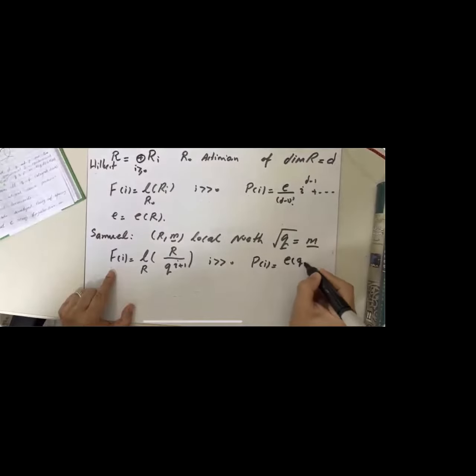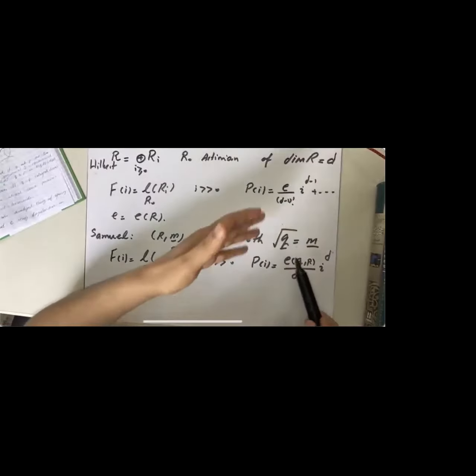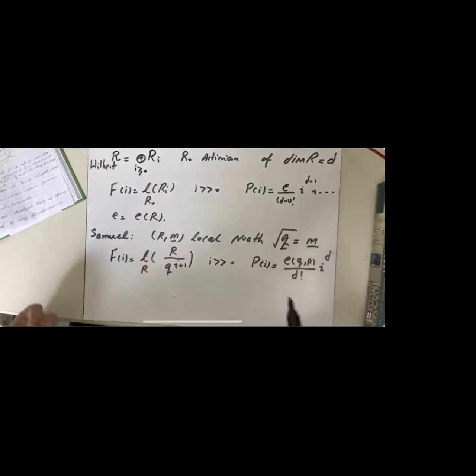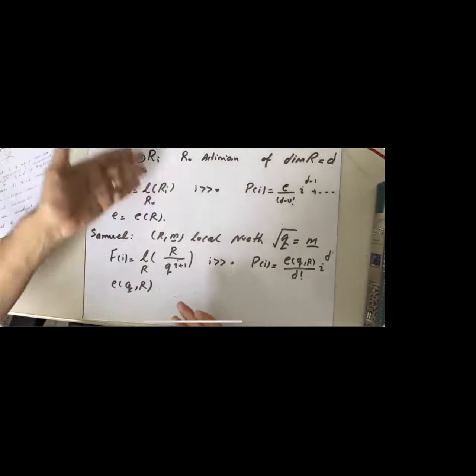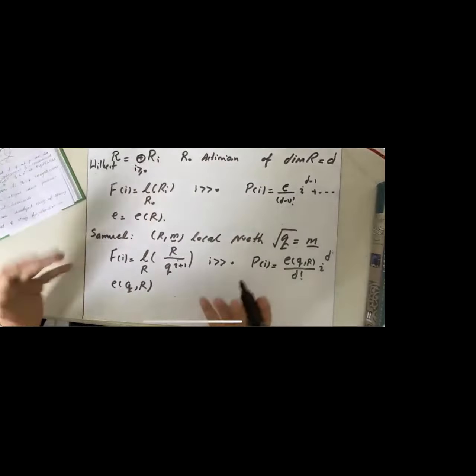Now it is of the form e over d factorial, i to the d. So this is a polynomial of degree d, and the coefficient, the numerator of this fraction here, is e(Q, R). This is called the Samuel multiplicity of R with respect to the ideal of definition Q.